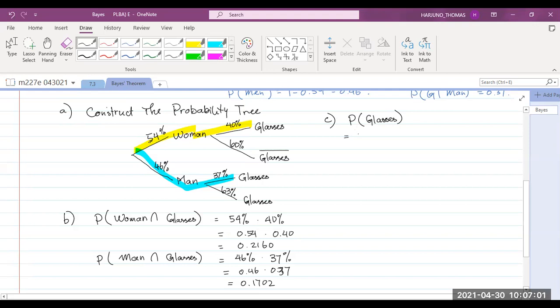Either that person is a woman wearing glasses or a man wearing glasses, which we have computed in part B. That's 0.2160 plus 0.1702.